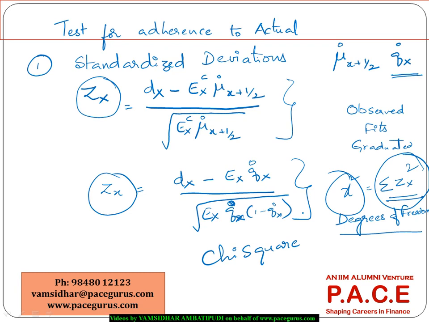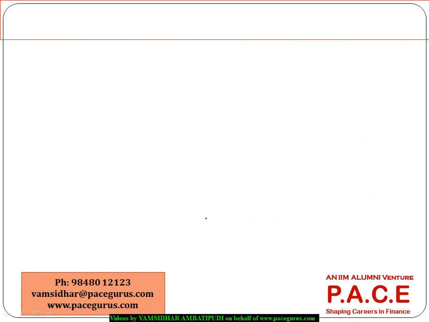The chi-square test that we are using here is a one-tailed test, because I'm bothered only about the higher side, right? As long as my zx squared total is not greater than this particular value, I'm not rejecting the null hypothesis.